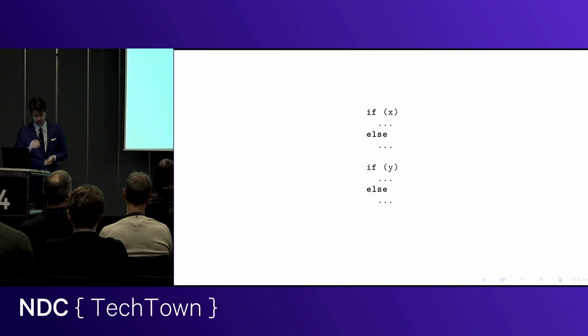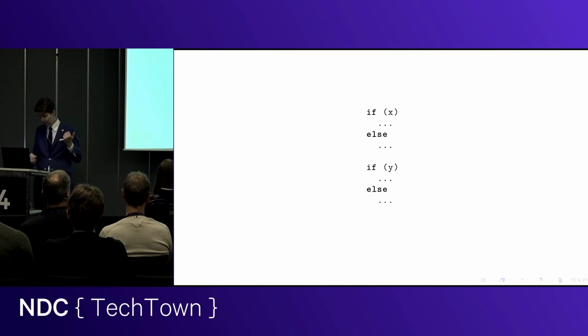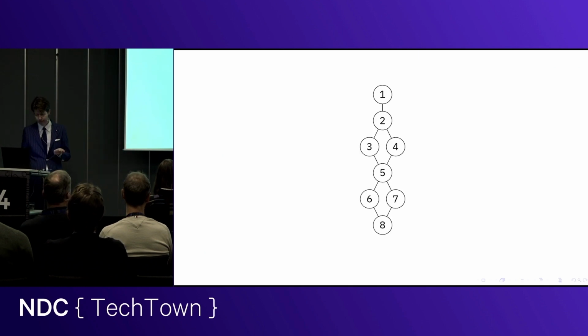So let's look at an example. If you have a program where you have 2 sequential decisions, if x, then something else something, if y, something else something else. If you represent this as a graph, it looks like this. Okay?